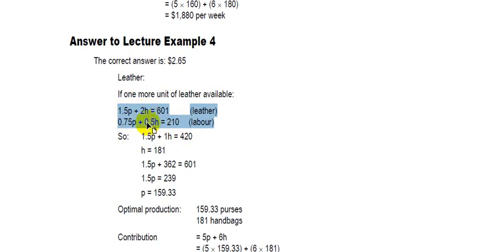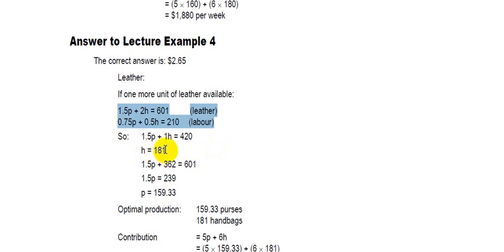You've got 2h minus 1h, which gives you h. Then 601 minus 420 gives you 181. So our H is 181.